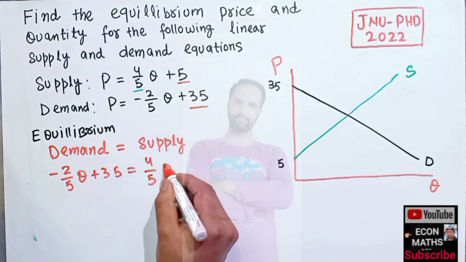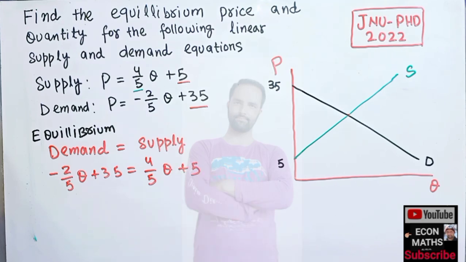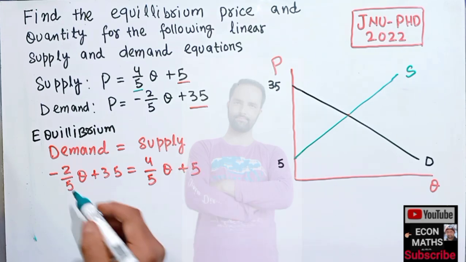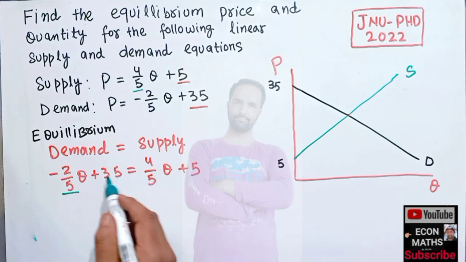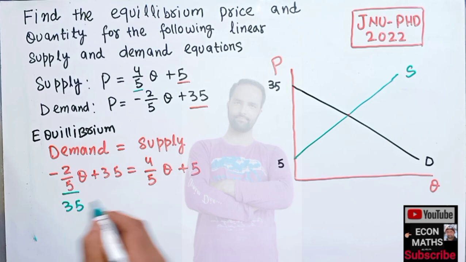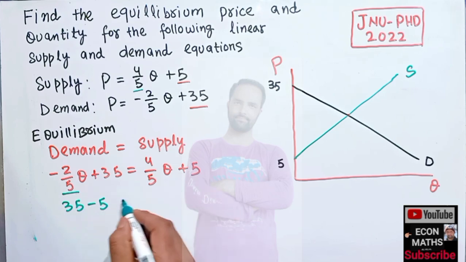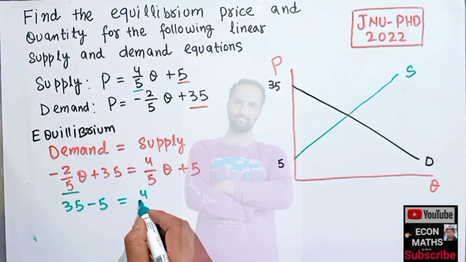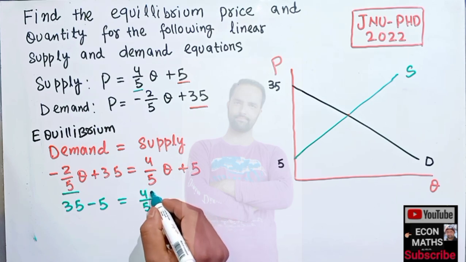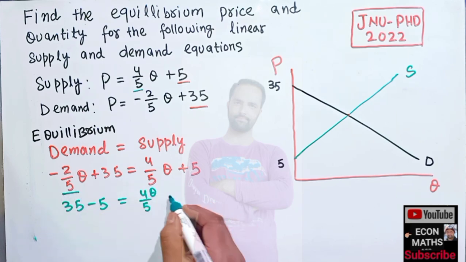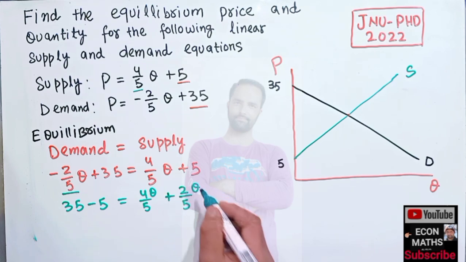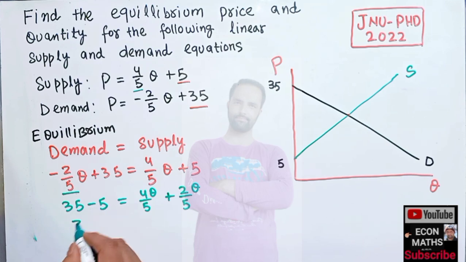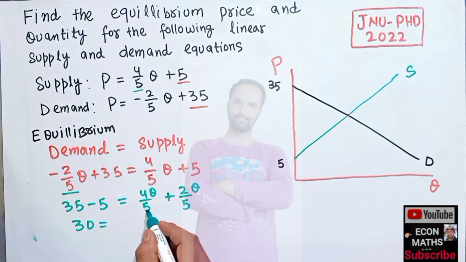upon 5 Q plus 5. Let's transpose this 2 upon 5 Q here, and this 5 here, so we will get 35. Transposing this, it will get subtracted, is equal to 4 upon 5 Q. If I transpose this, it will become positive, so we have 2 upon 5 Q. So 35 minus 5 comes out to be 30, should be equal to, the denominator is the same, so we can add up the numerators.